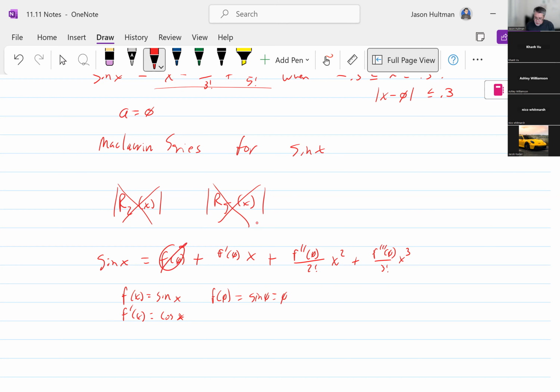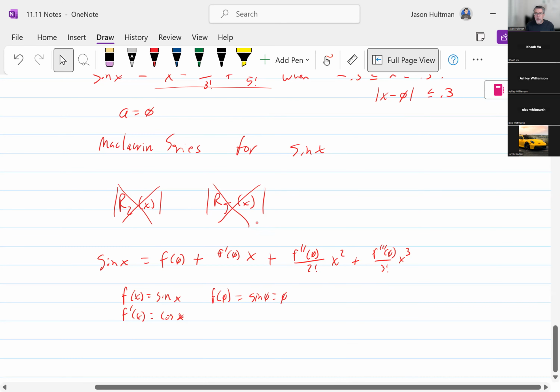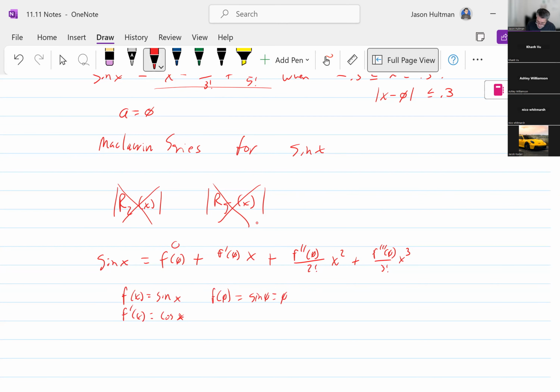We actually got rid of a term, but the term is still there. It's still very much included in our remainder formula. It is a 0, but it's still there.